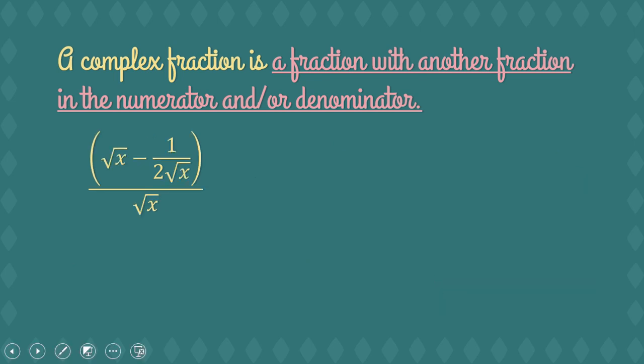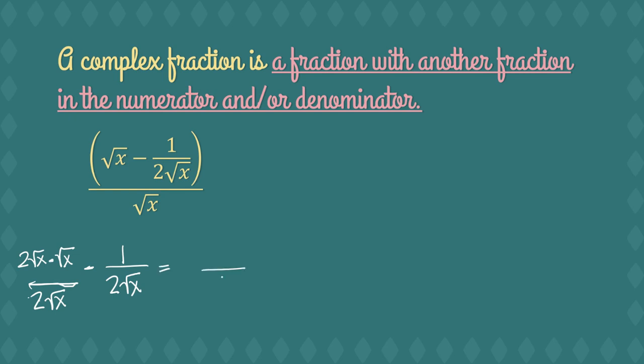Let's try another one. We're going to do the same thing, okay? So we're going to work in the numerator, and I'm going to simplify that down into one fraction with a common denominator, okay? So I'm going to take square root of x minus 1 over 2 square root of x. 2 square root of x is my common denominator. So I'm going to multiply by 2 square root of x, both top and bottom, okay?